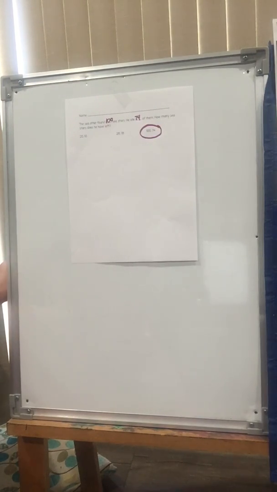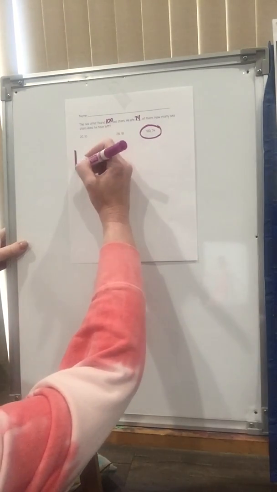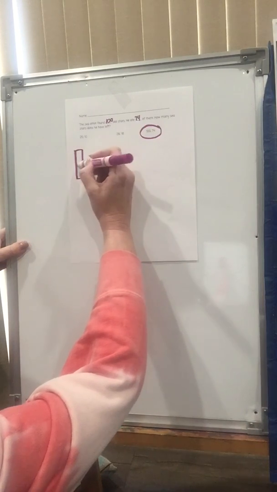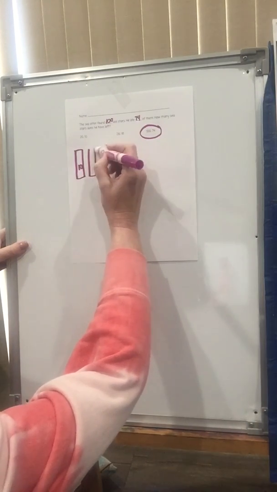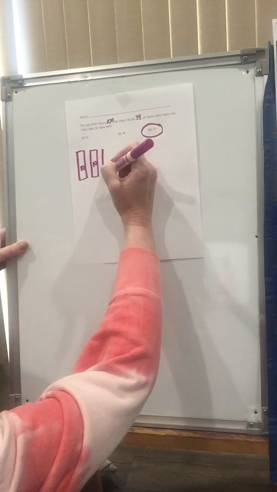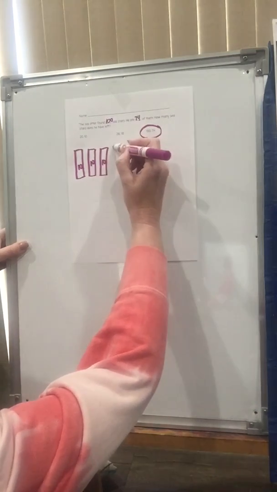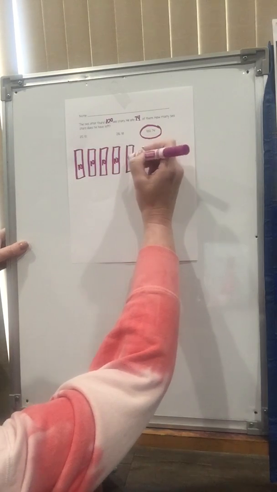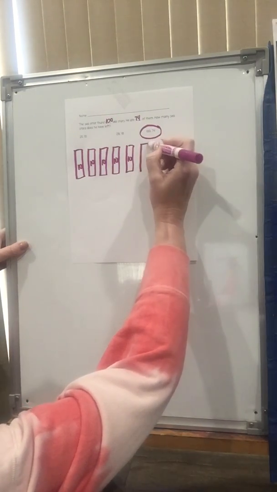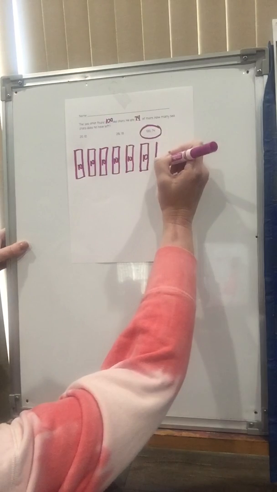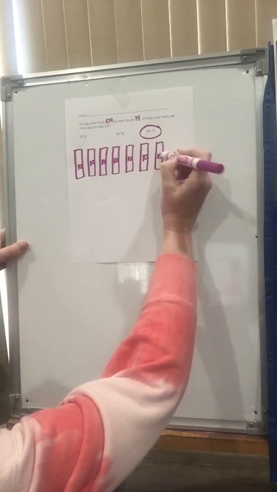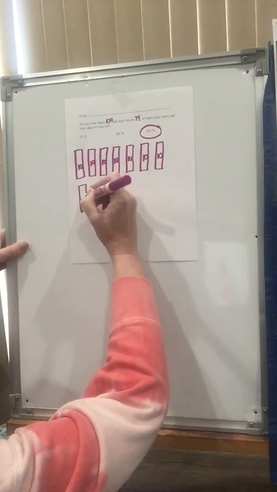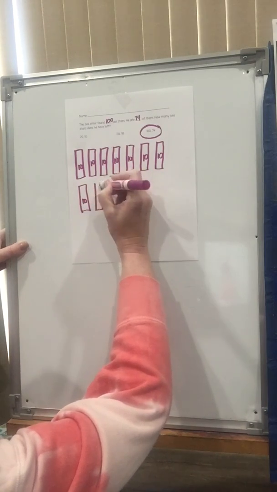You could do your 10 rods if you want to. You could do 10 frames if you want to. Totally up to you. I'm going to do 10 rods, and I'm going to show you what I'm going to do. I'm going to say 10, 20, 30, 40, 50, 60, 70, 80, 90.